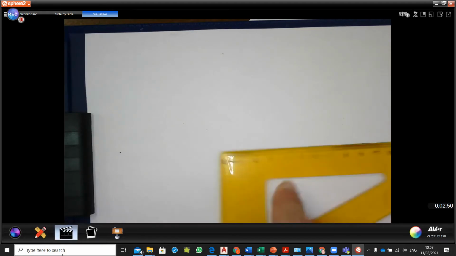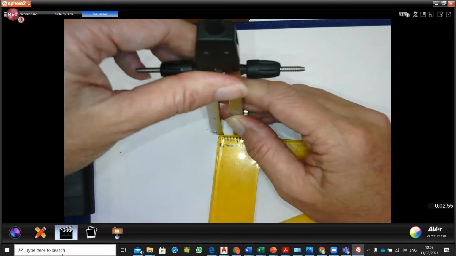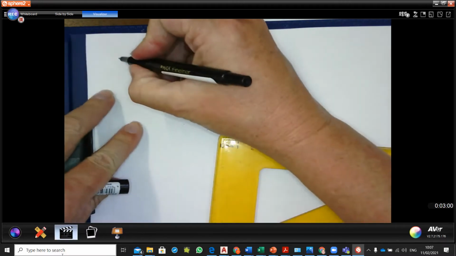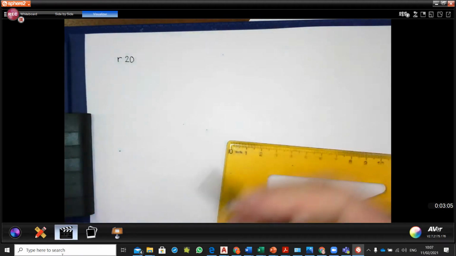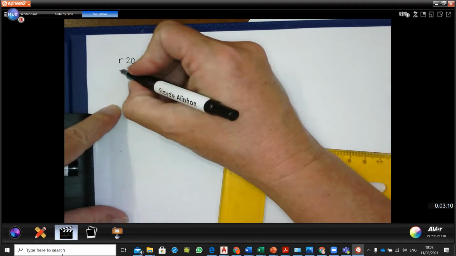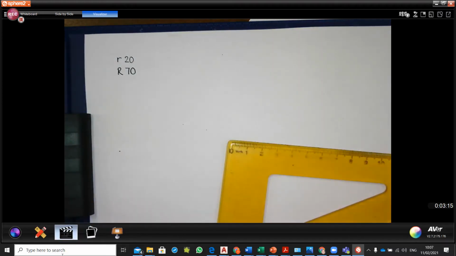My two circles are going to have a radius of 20, and then my large curve, capital R, is going to have a radius of 70.